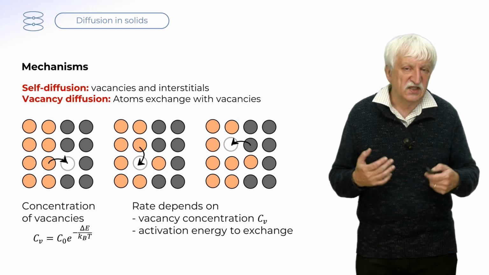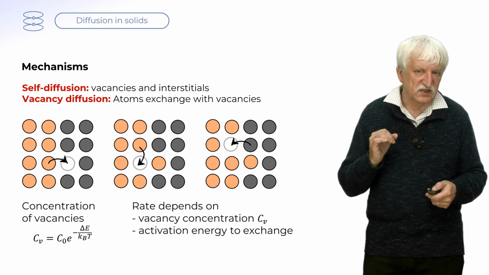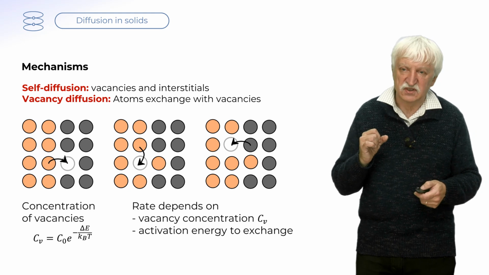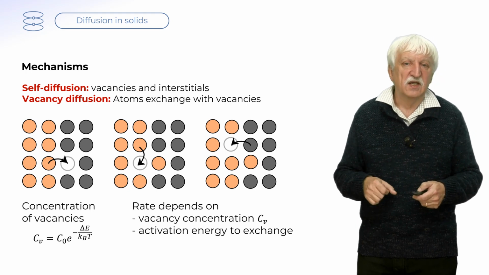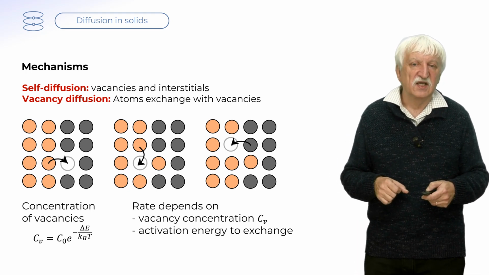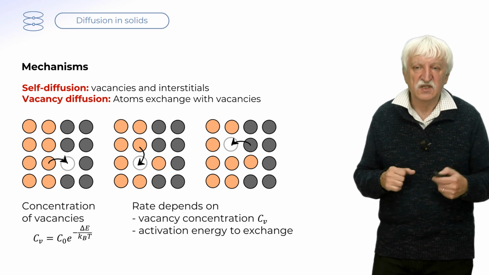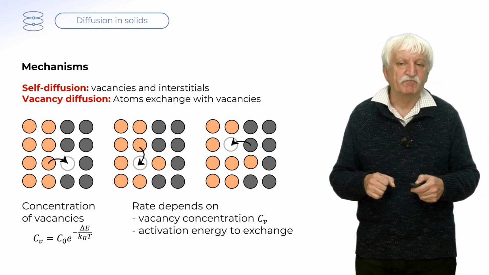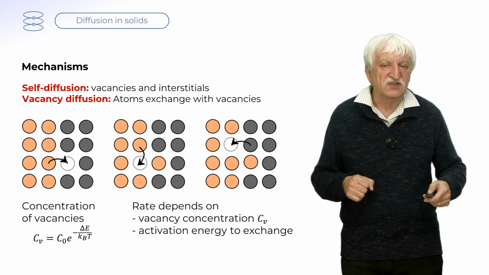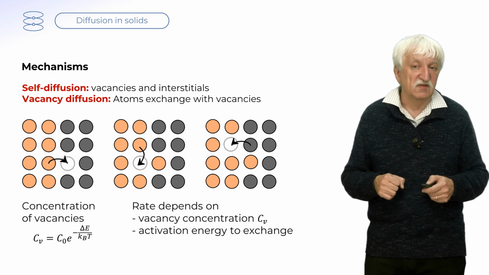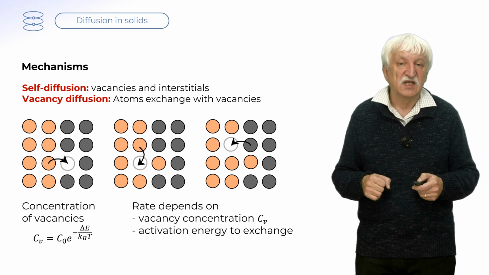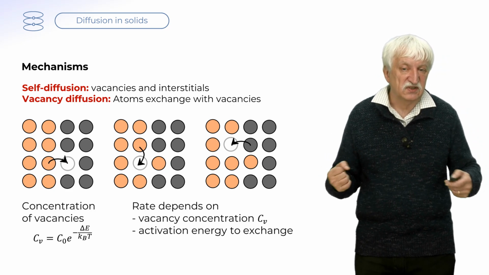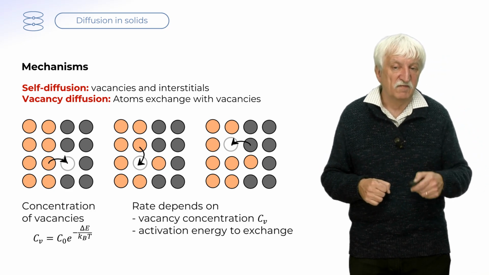There are some vacancies, some holes without atoms, and there are interstitials, and so there is a vacancy diffusion, when atoms exchange their positions with vacancies, as shown here.